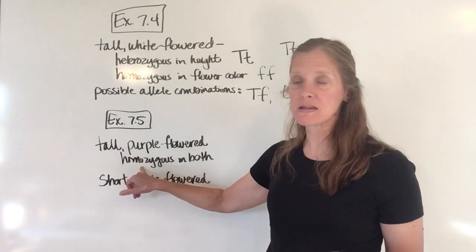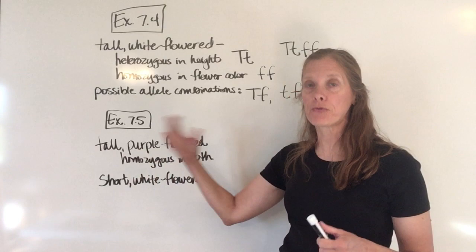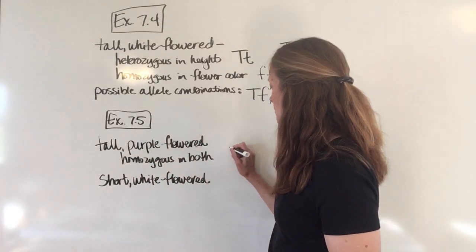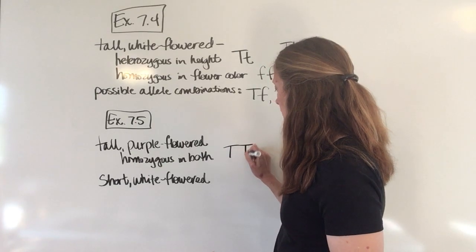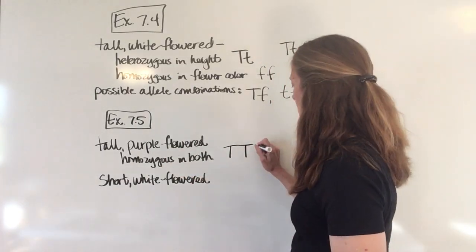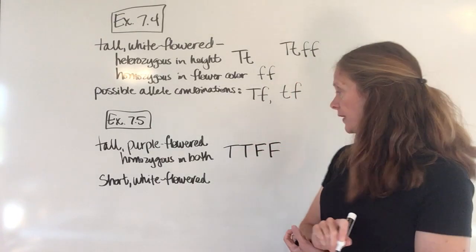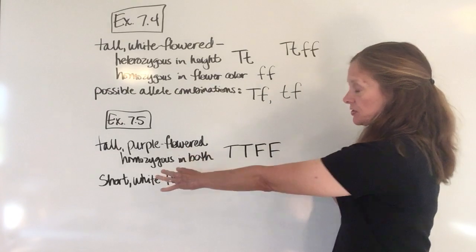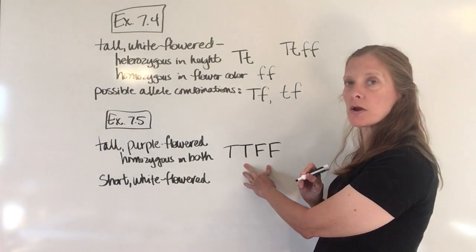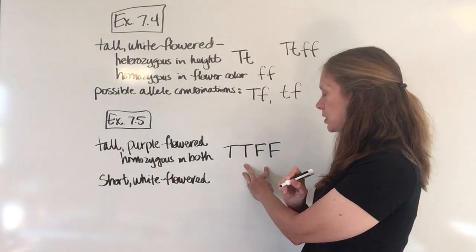Well, if it's homozygous, then that means it's got the same allele for both of its possibilities. So for tallness, it's got to be a capital T, capital T. For purple flowers, it's going to have to be a capital F, capital F. Since they're homozygous in both, that's what its genotype is going to be. Now, what are the possible alleles that this plant can give to its offspring?